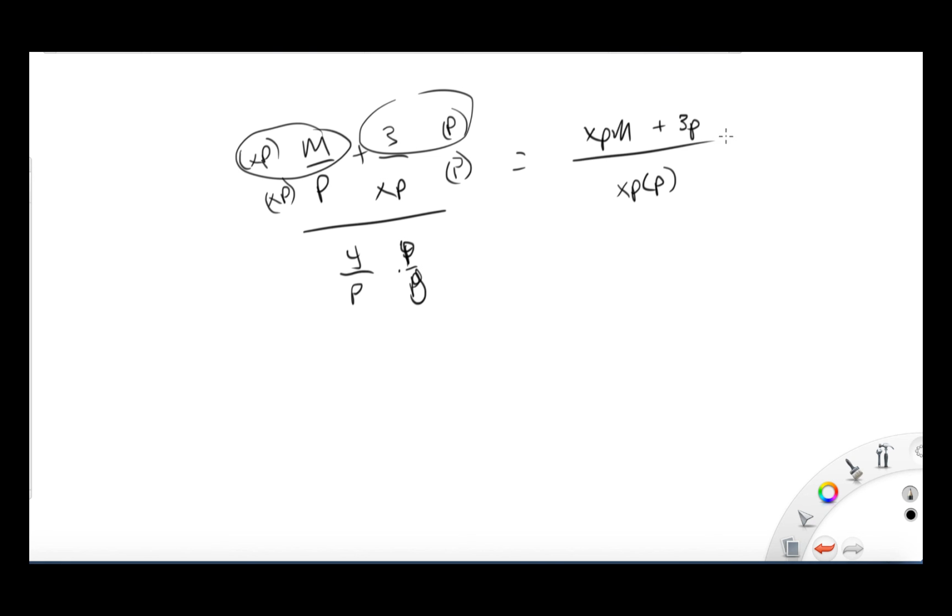So multiply p over y, and we can cancel out one of the p's.